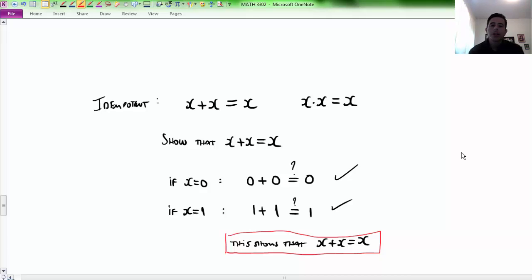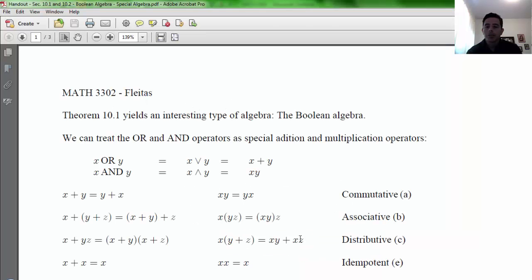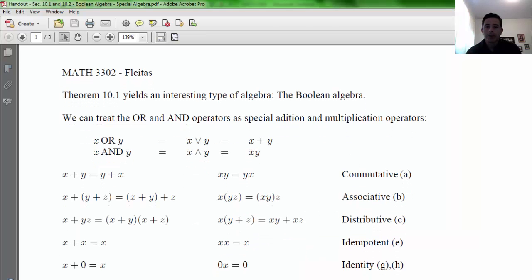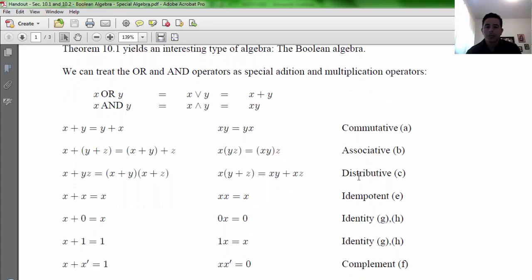Okay, here's one property of Boolean algebra. It's called the idempotent property. It comes from the theorem here, property E. It says that x plus x equals x, and this says x times x equals x.